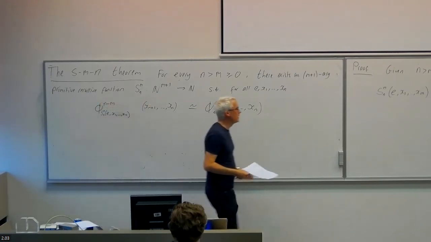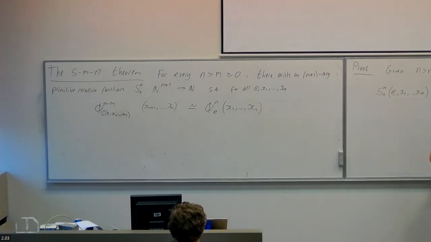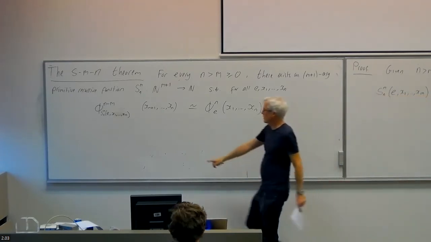So what we're going to do is return the code for another Turing machine, M prime, which is going to compute this function.